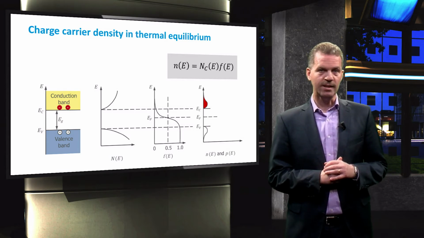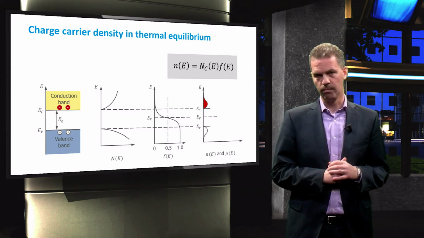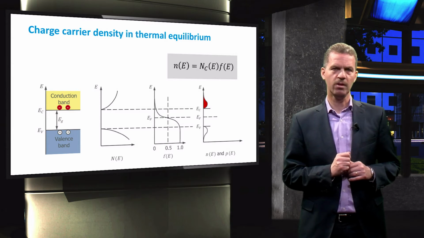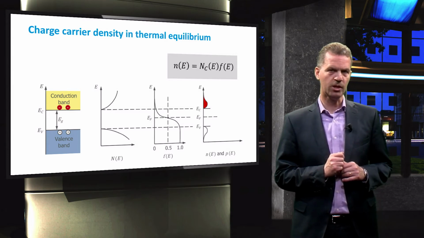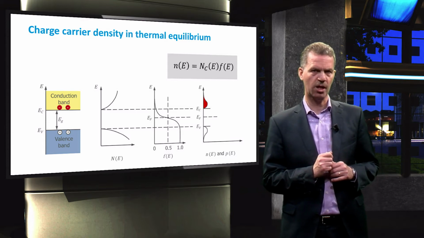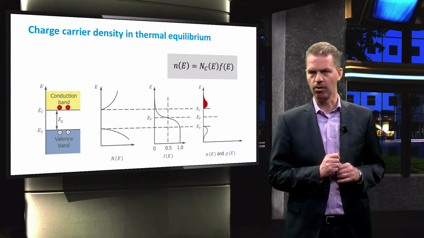For the hole density the calculation is similar, though we need an adapted distribution function. The important conclusion is that in thermal equilibrium, at a given temperature, the free charge carrier density is fully determined by the band structure and the Fermi Dirac function, and constant in time.